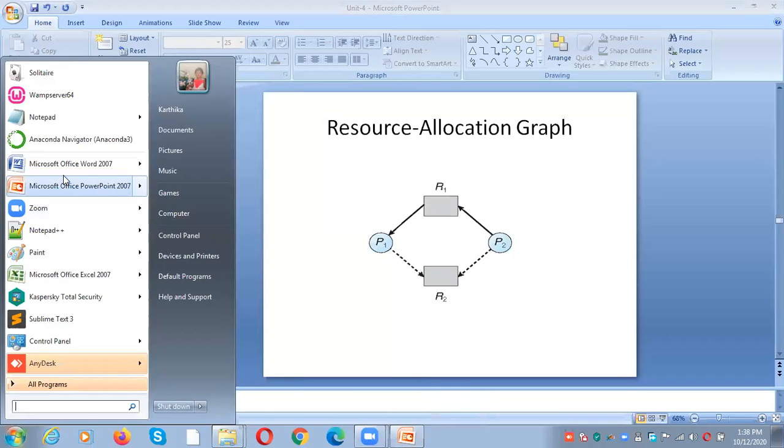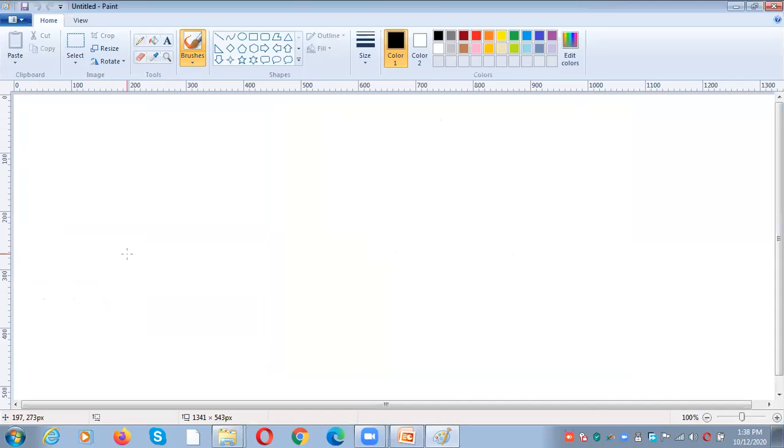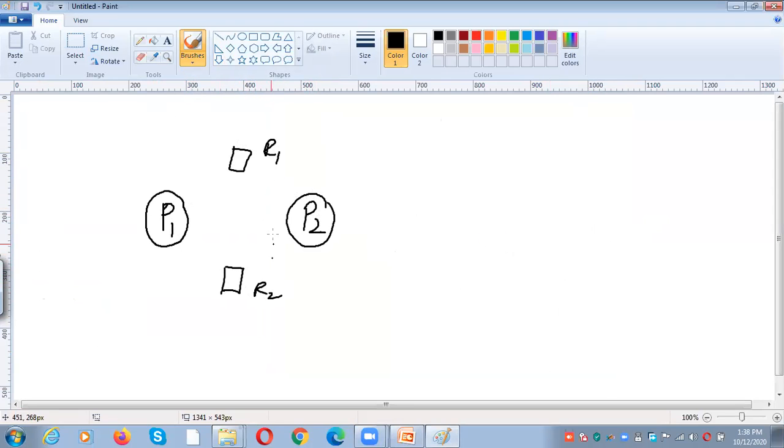Let me explain with the help of Paint. Initially there is the P1 process and the P2 process. Only two processes were there, P1 and P2. And then there is a resource called R1, and there is another resource called R2.